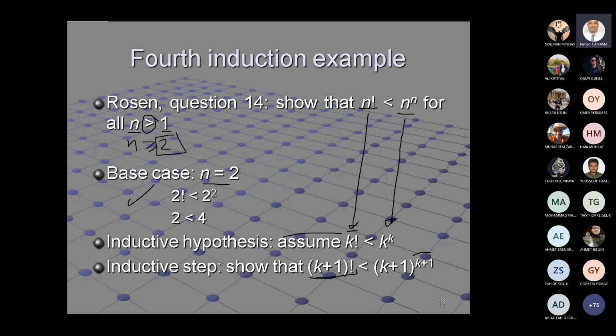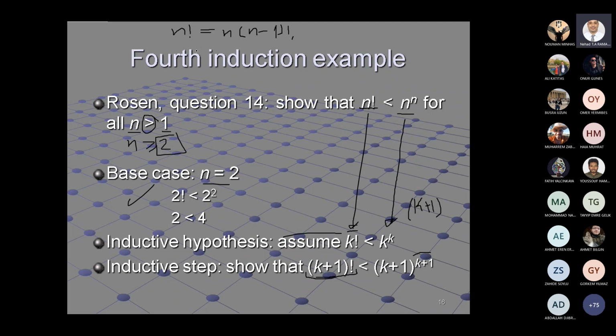Let's now work on the left hand side. k plus 1 factorial is k plus 1 multiplied by k plus 1 minus 1 factorial. You remember that n factorial, this is the general term for n: n factorial is n multiplied by n minus 1 factorial. Yes?